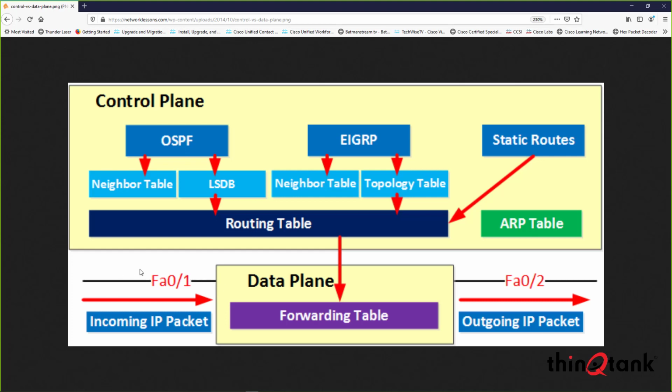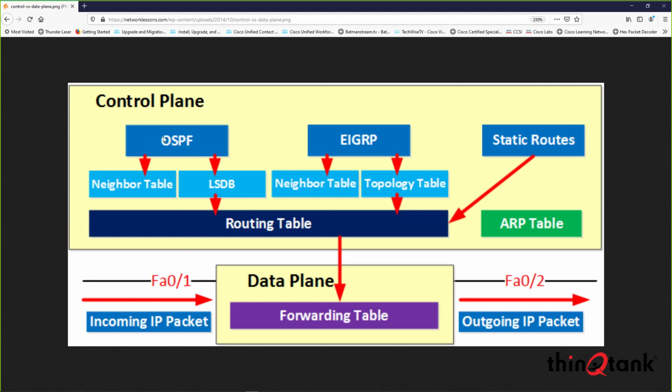So if data arrives, say, for example, on Fast Ethernet 0/1, because of the caches that we have in the data plane, we might be able to switch that data directly across the data plane to another interface without having to send that data up to the control plane for processing. Ultimately, that's the goal, because that gets us close to wire speed function as opposed to control plane function or software function.